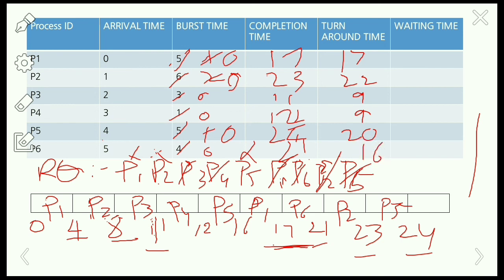Then the waiting time. Waiting time is turnaround time minus burst time. So 17 minus 5, that is 12.